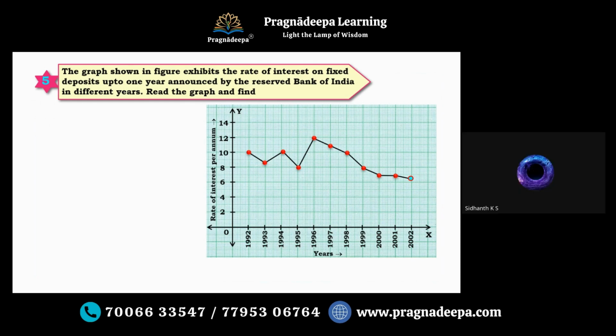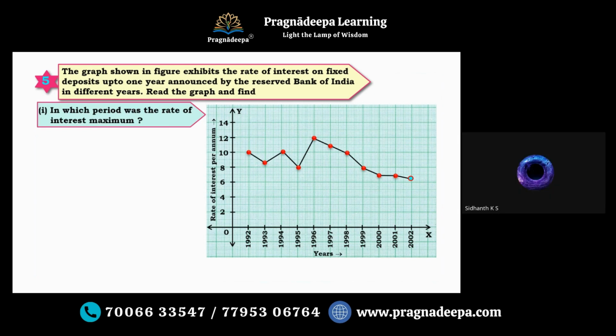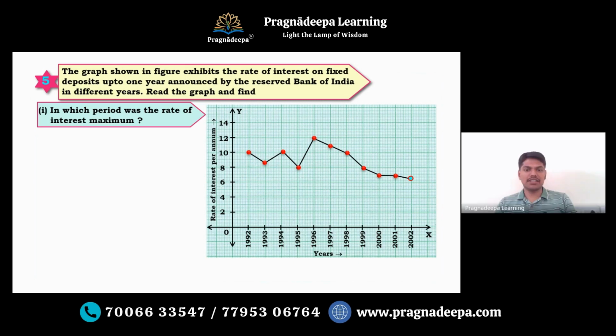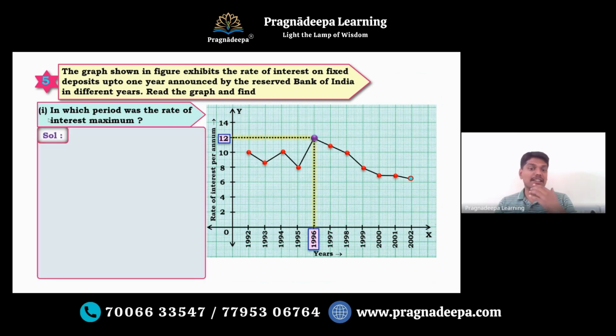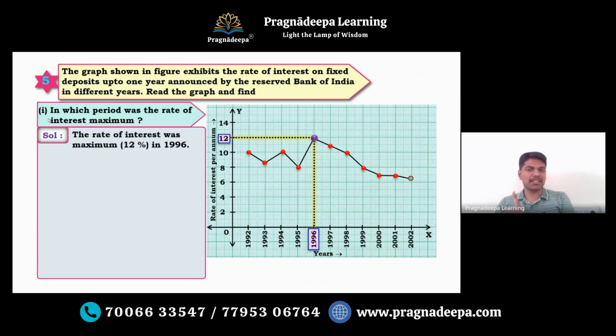Yes, sir. In which period was the rate of interest maximum? Sir, in 1996. Is it in 1996? Good. It was at the peak. What was the rate of interest? Sir, 12% per annum. Very good. 12%. Perfect. That is the word I was expecting.